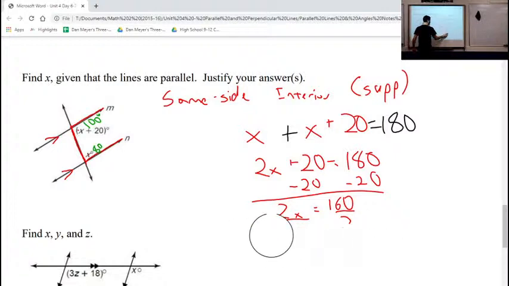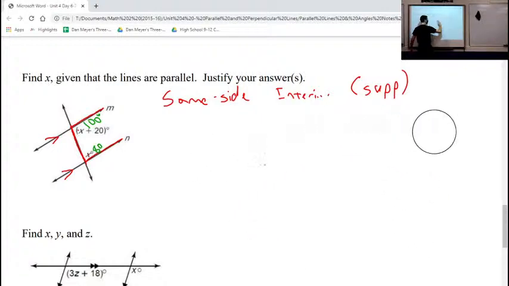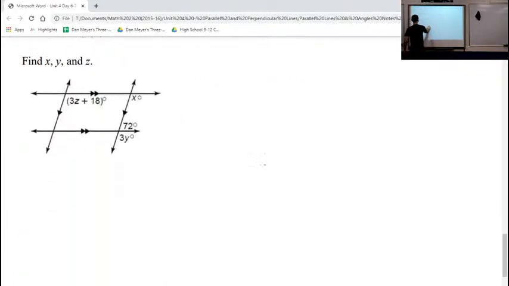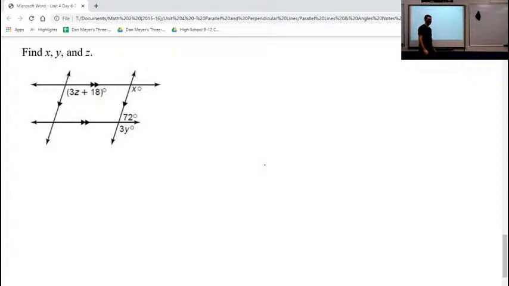And that's what we're going to do on this last one as well, except we're going to do it 3 times. The good news is that the equations are pretty easy. So I'm going to try and give you a head start to think about how this problem might work.